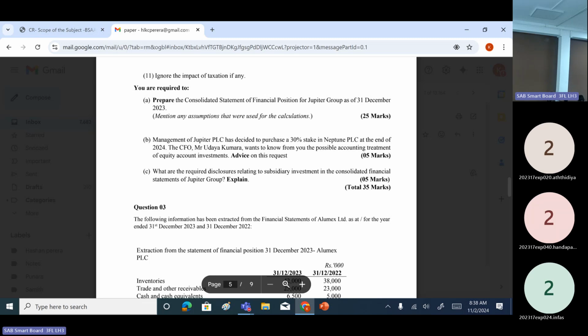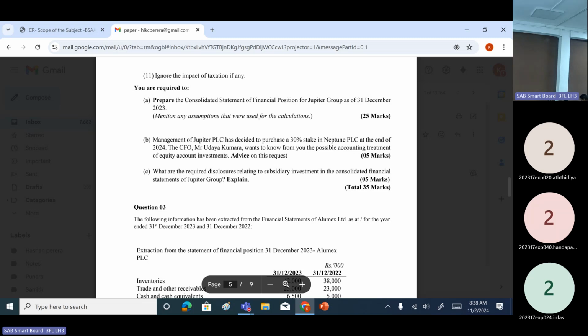Prepare consolidated statement of financial position as of this date. And then, management of Jupiter PLC decided to purchase a 30% stake of Neptune, like again acquisition of associate, purchasing of associate.